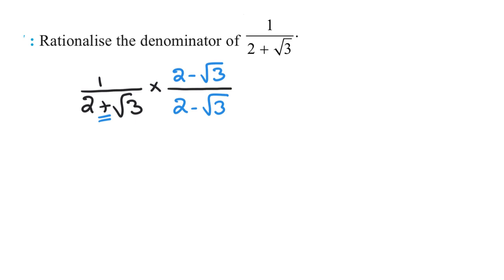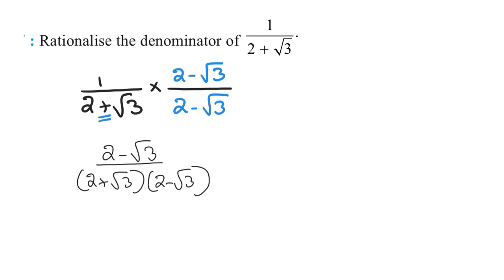Okay? So now we already know how to multiply two fractions. Multiply the numerators. 1 times 2 minus root 3 is 2 minus root 3 divided by the denominators, 2 plus root 3 times 2 minus root 3. Okay. We cannot do anything with the numerator, so 2 minus root 3, the numerator remains.